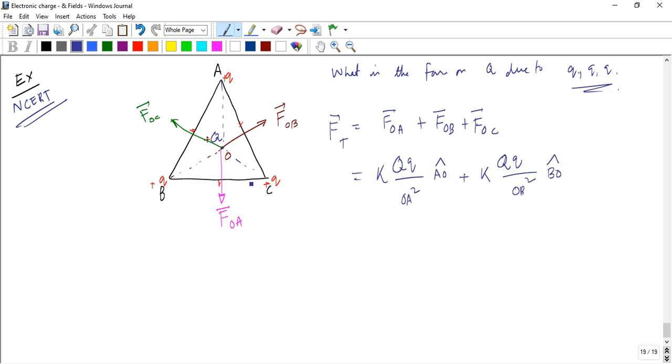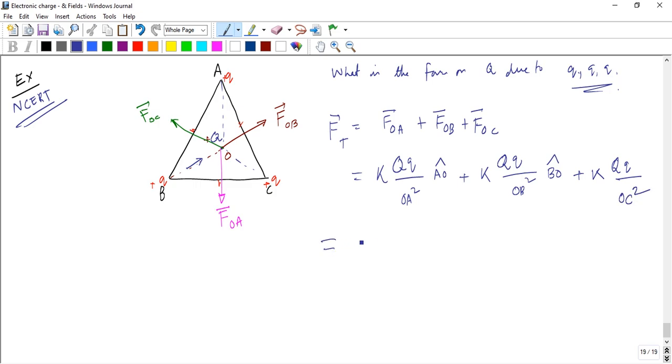Very important, that is the direction of the displacement vector. Similarly, F of OC is K times capital Q times small q by OC square.